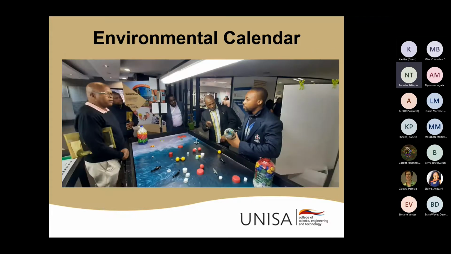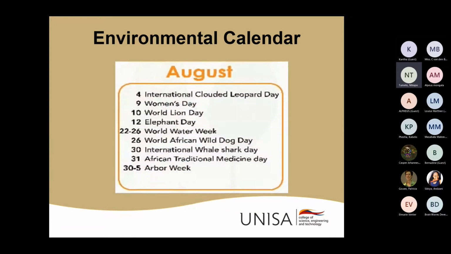For example, this month of August, I spoke about International Clouded Leopard Day on Monday, as well as Women's Day. I also highlighted some of the important women that have innovated things, World Lion Day, as well as Elephant Day. So we are currently in World Water Week.